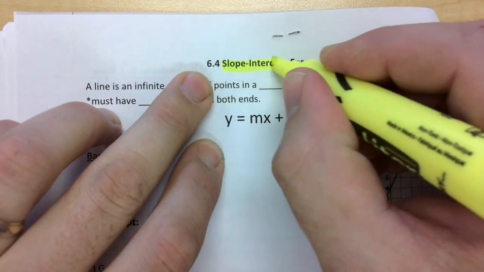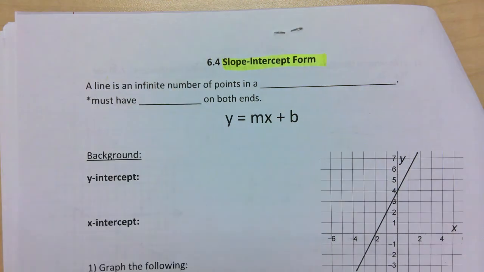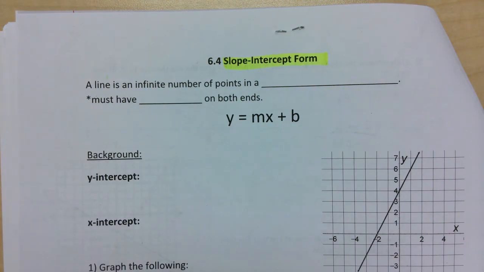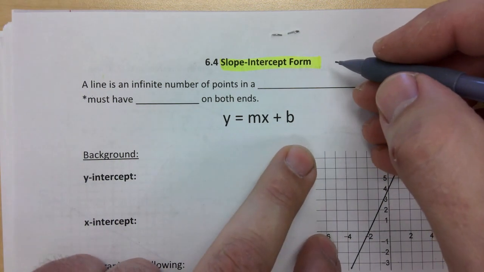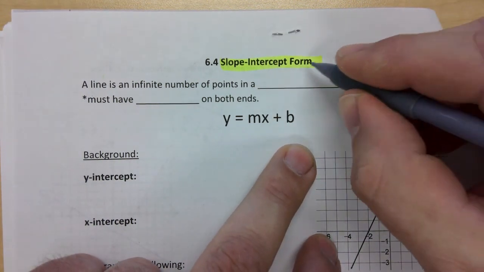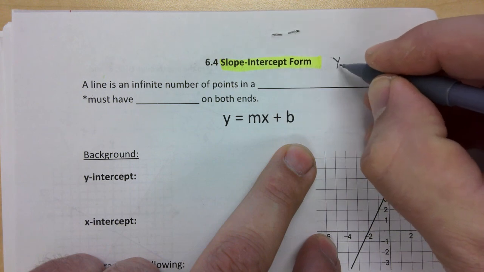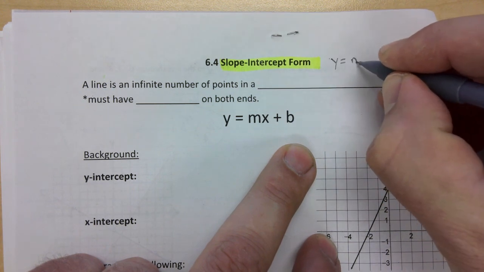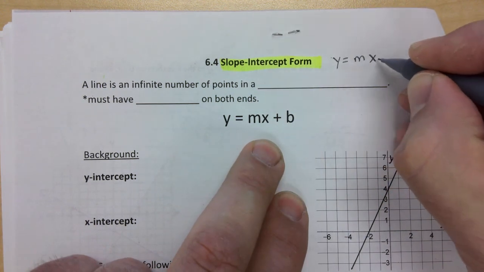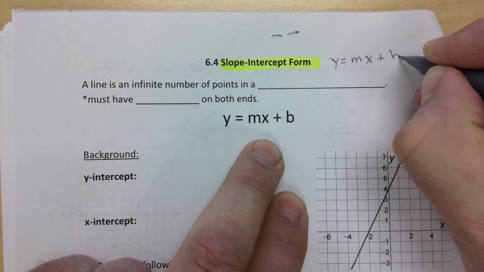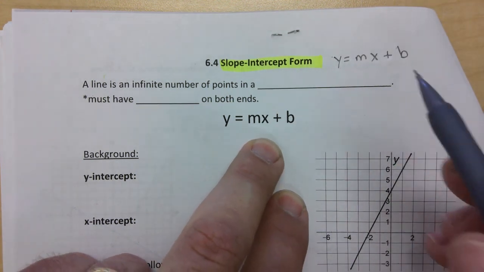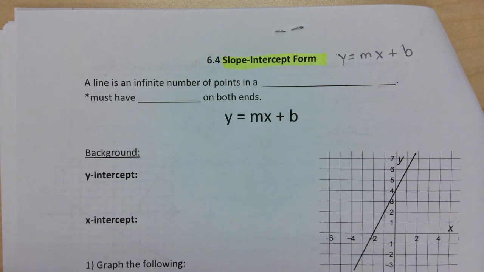This is the slope-intercept form, okay? And I will write this down here. If it's slope-intercept, you're looking at this form. I know it's down here already, but I will write it down one more time so it really sticks, okay?